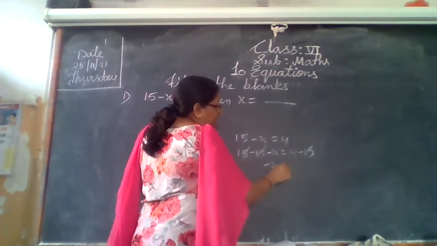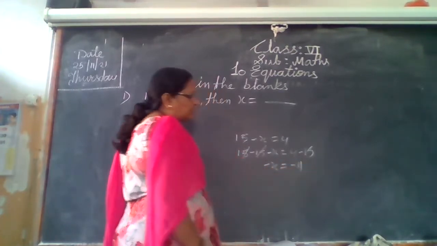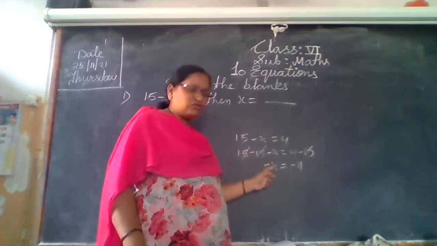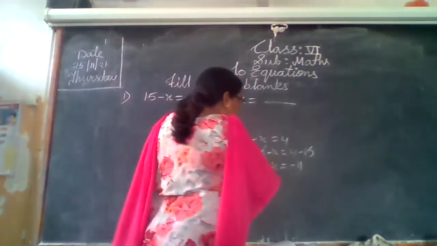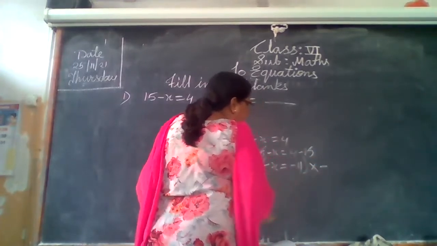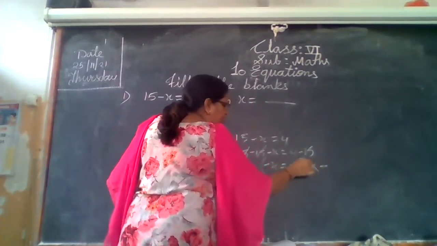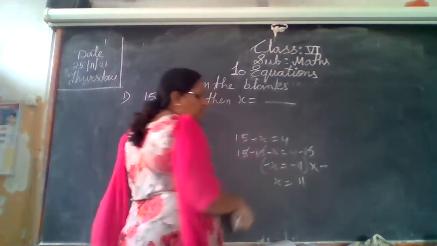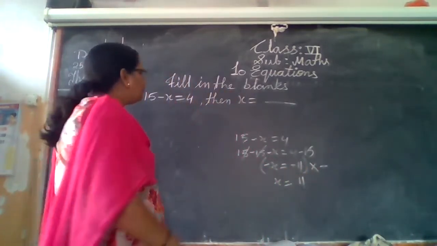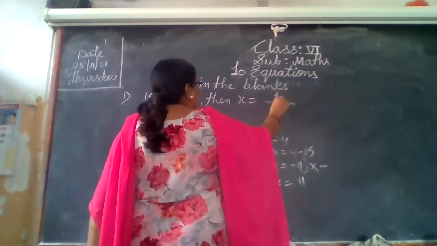Minus x equals to minus 11. Now see children, variable should not be negative. So we will multiply this equation by negative: minus into minus plus x and minus into minus plus 11. So what would be the answer of this? 11.